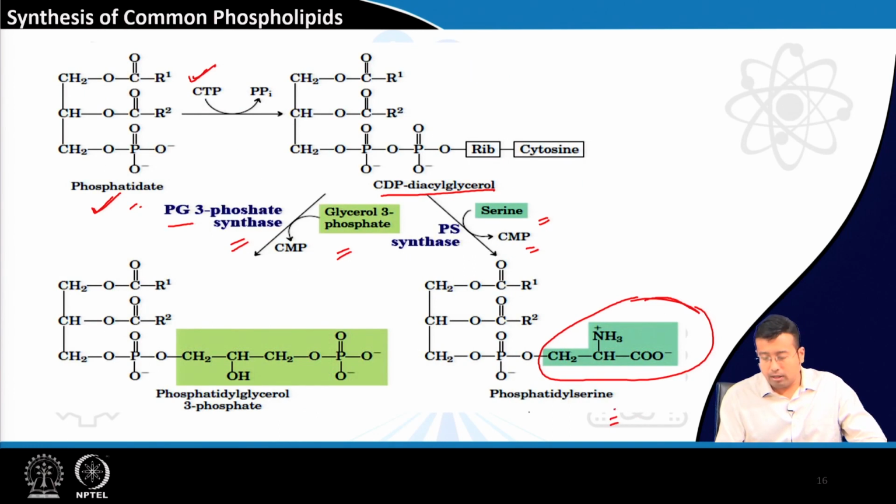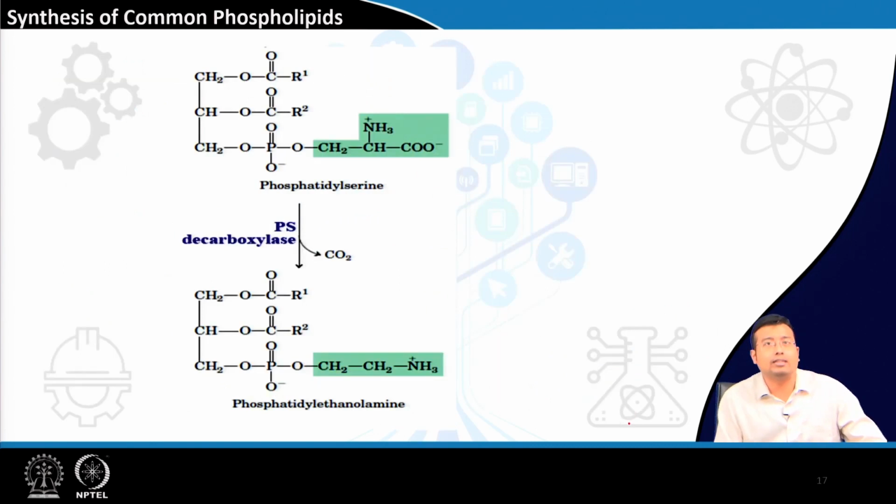Now, if we continue with this molecule, that is phosphatidyl serine, it can be acted upon by various enzymes to form various forms of phospholipids. If it gets decarboxylated, it forms phosphatidyl ethanolamine.